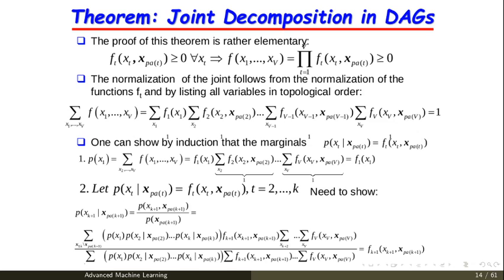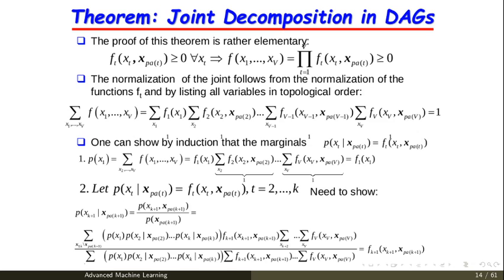Here I am pushing the summation inside, and I have accounted for the potentials up to k according to my induction argument. They are really the conditional distributions, and then I have this summation. They are all the factors. In the denominator you have to sum over x k plus 1, because there is no x k plus 1 here.